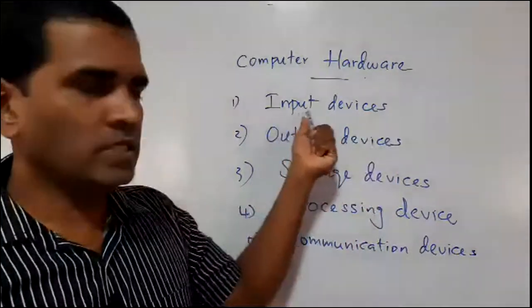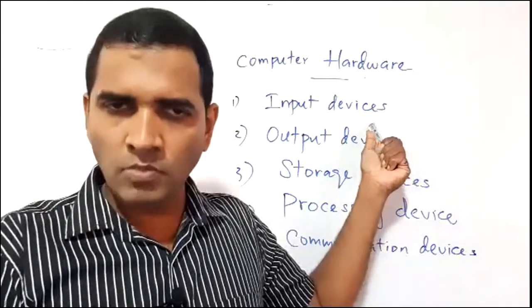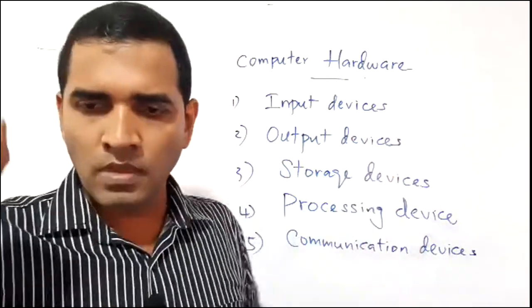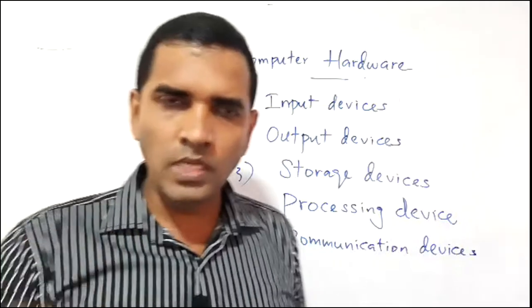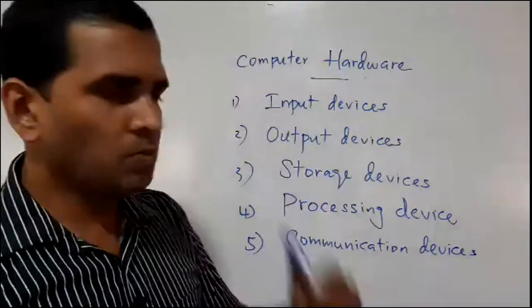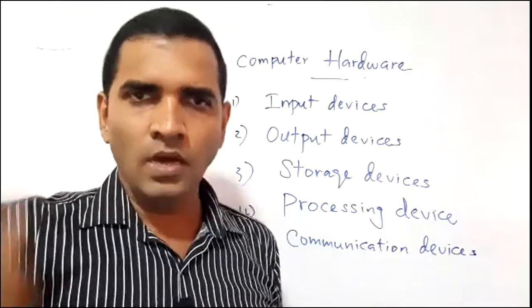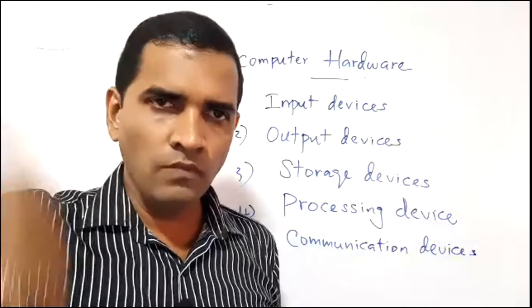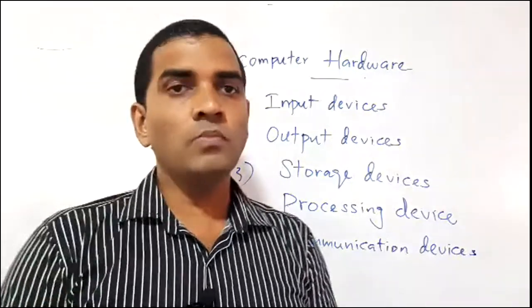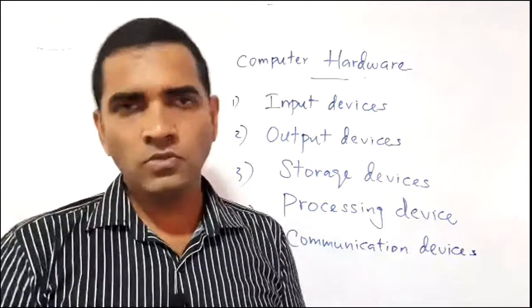I will explain input devices in detail later, but for the moment, these devices help us to input data to the computer. Output devices, as I told you earlier, bring the output or information from the computer to the user. It is totally opposite to the input device.